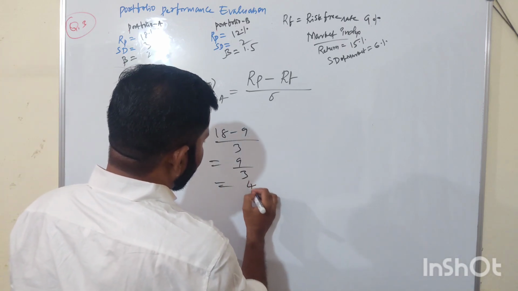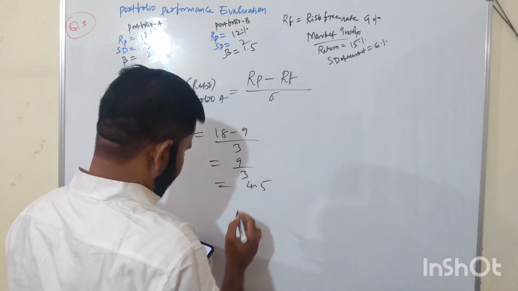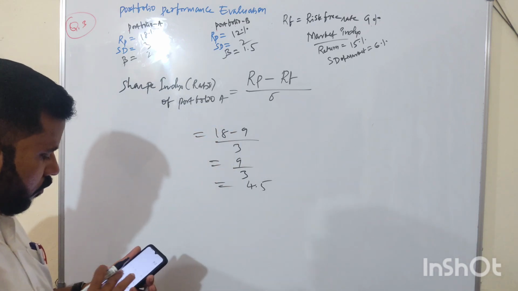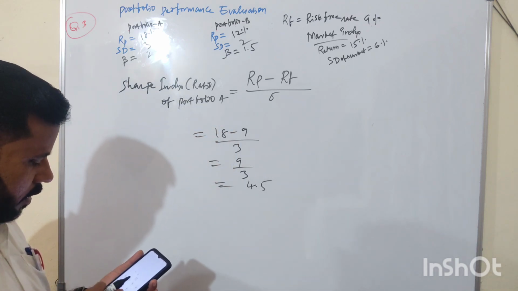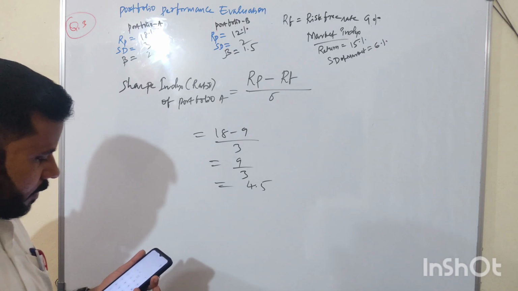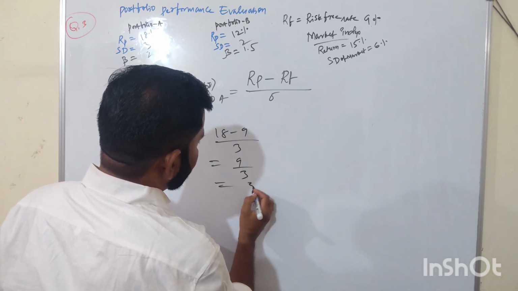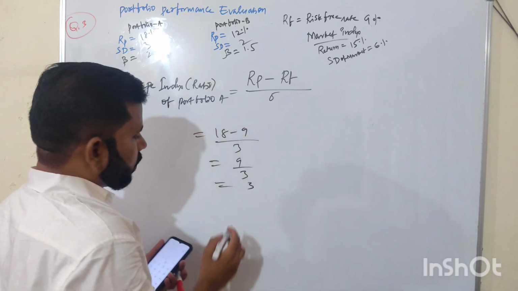No, not 4.5. 9 divided by 3, we get the answer 3. Okay.